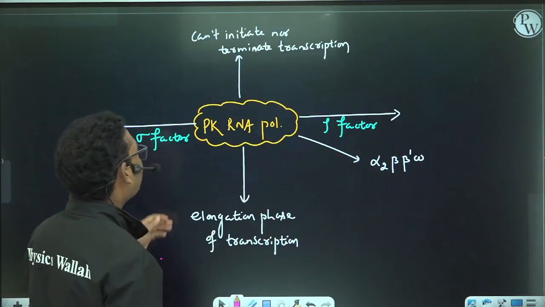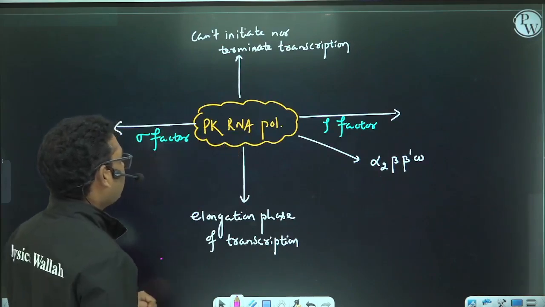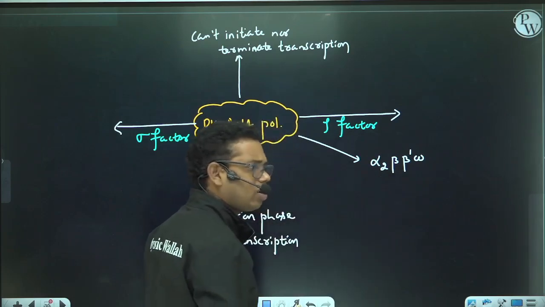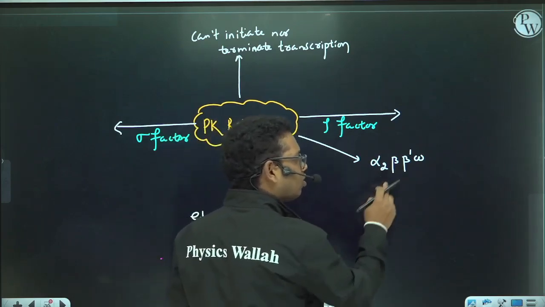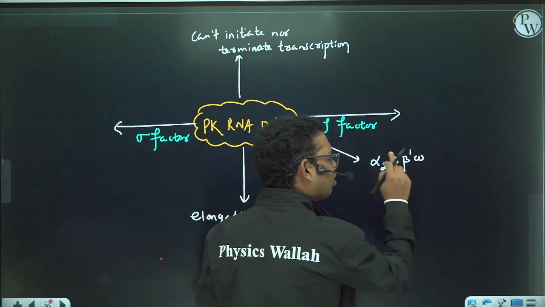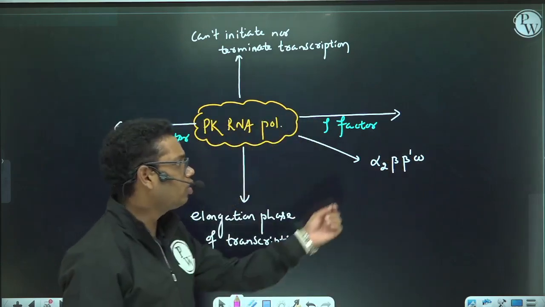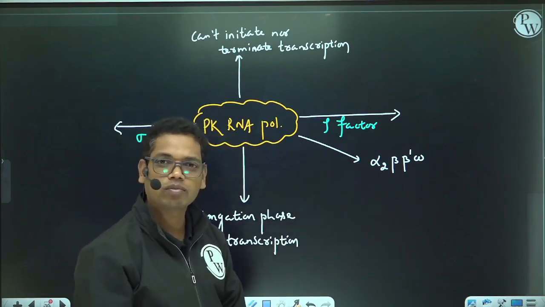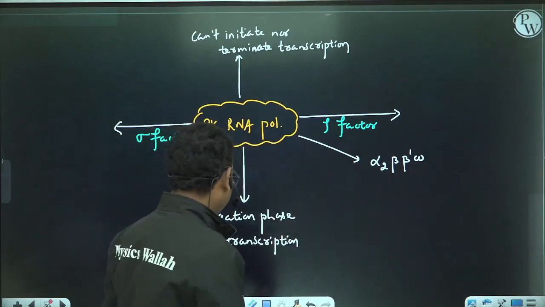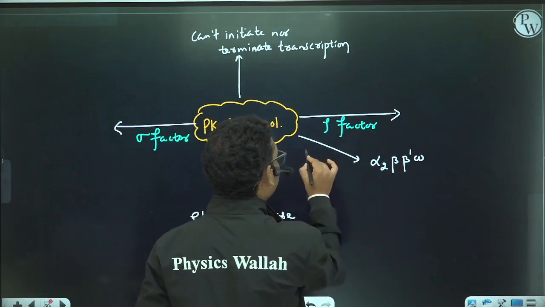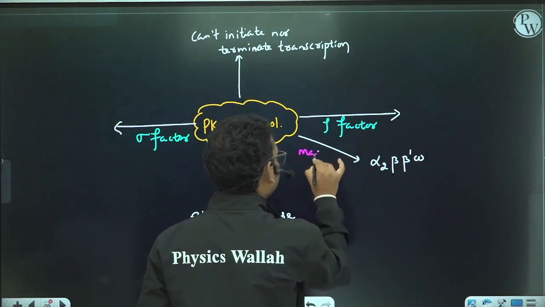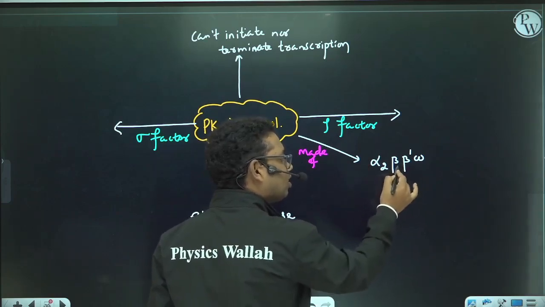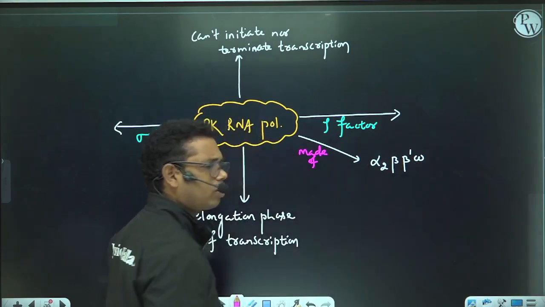The prokaryotic RNA polymerase is made up of different subunits: 2 alpha chains, 1 beta chain, 1 beta dash and 1 omega chain. These are the polypeptide chains present in the RNA polymerase.